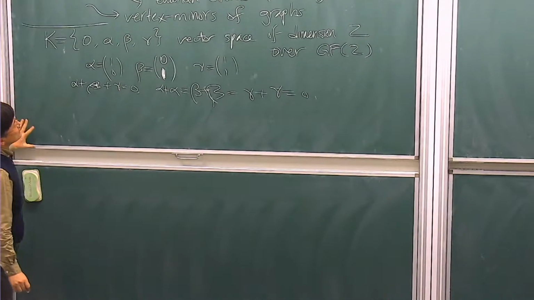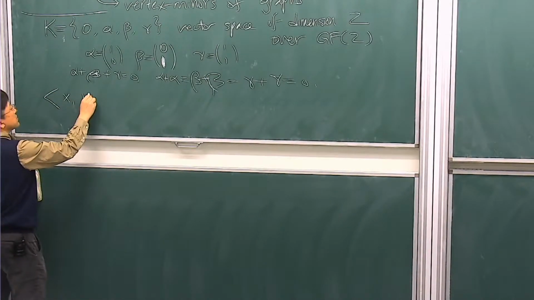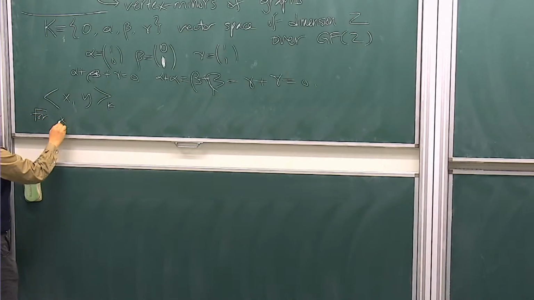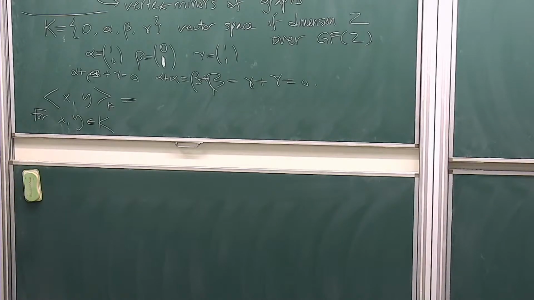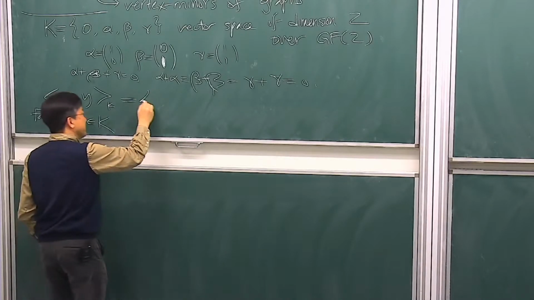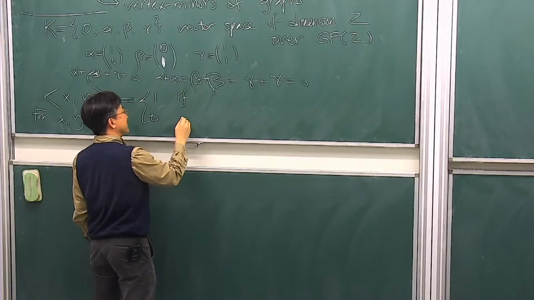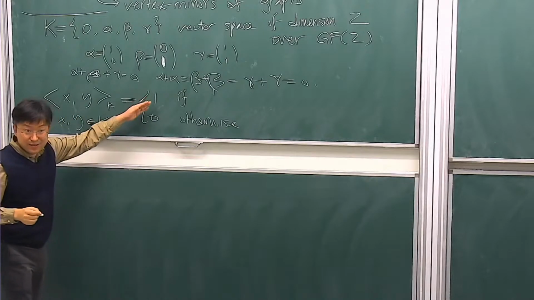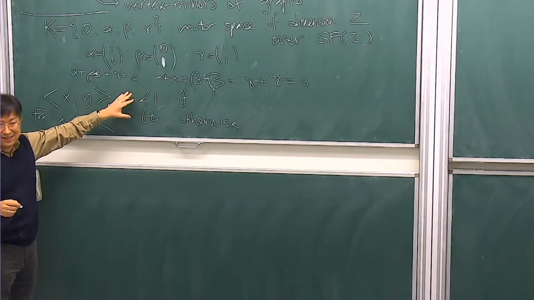Now on this space, I'm gonna define an inner product. So for x and y in K, we're gonna define the inner product, the bilinear form, to be 1 or 0. The outcome is either 0 or 1 because it's the binary field.